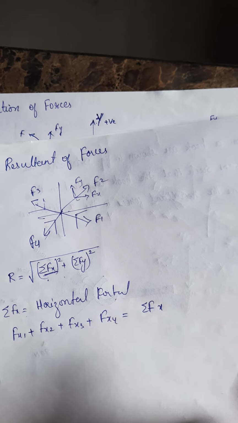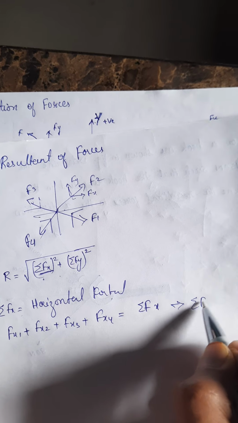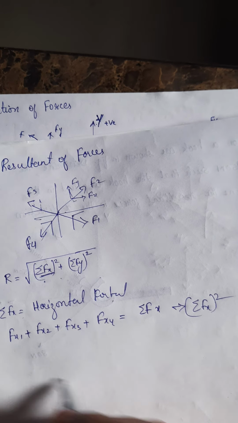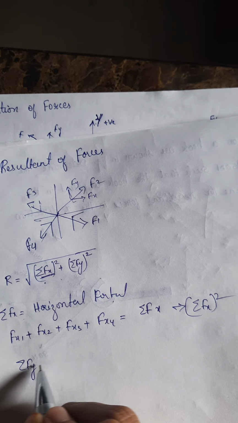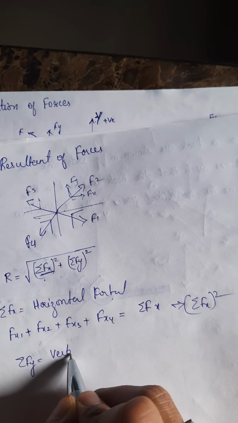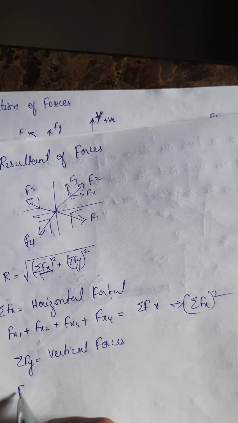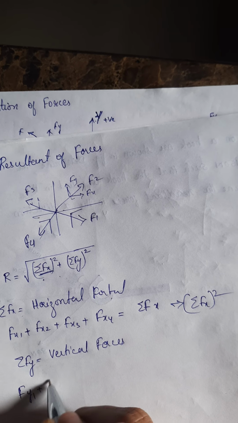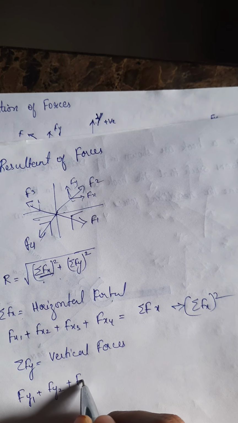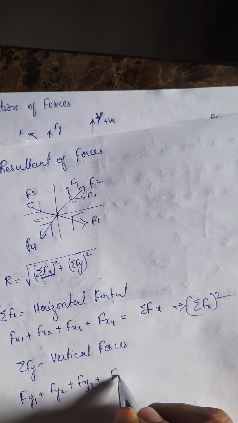Whatever answer you get, you just square it. Next, again consider f of y, that is the vertical forces. Summation of all the vertical forces, that is fy1 plus fy2 plus fy3 plus fy4.